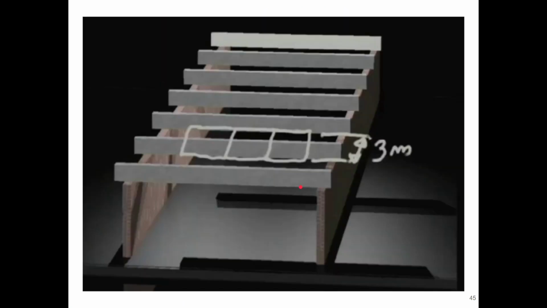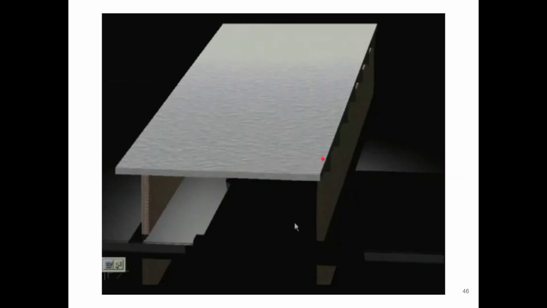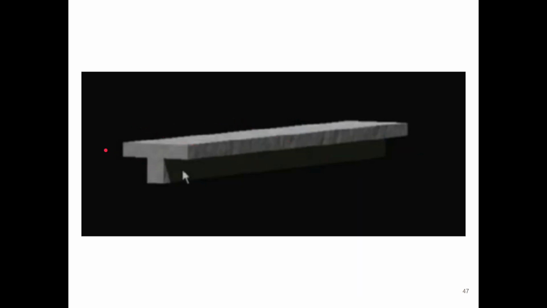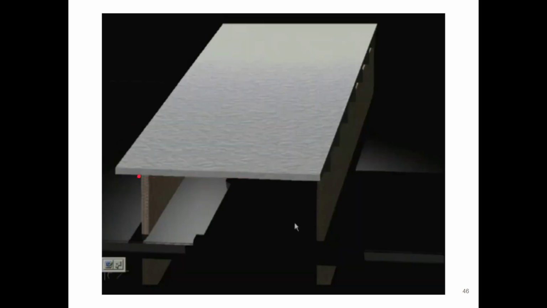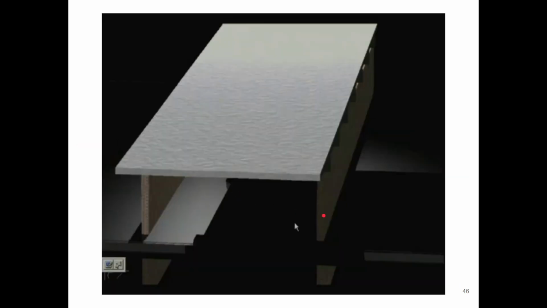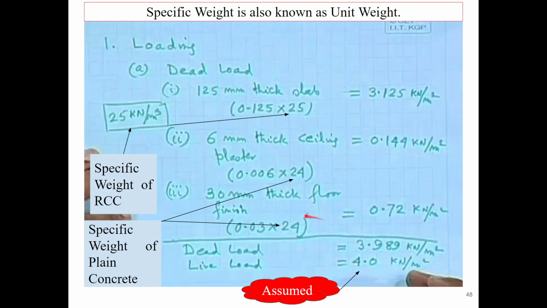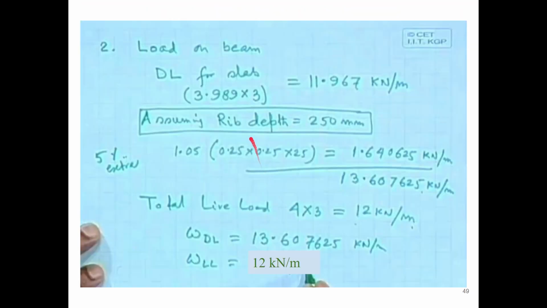But if you see here, the distance is 3 meter, center to center. So if we assume this as a T section, for one section the dead load for slab will be 3.989 into 3.